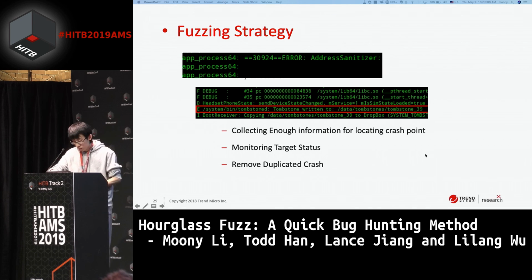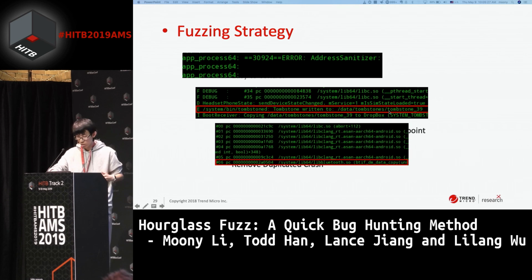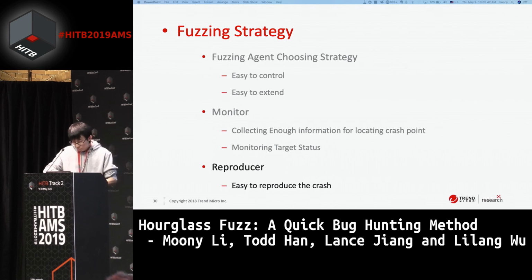And then what the monitor should do is to locate the crash point based on the last function in the call stack before ASan. We also use this to remove duplicate crashes. And the tombstone corresponding to the crash will be pulled out and stored for further manual examination. And finally, it's the reproducer.